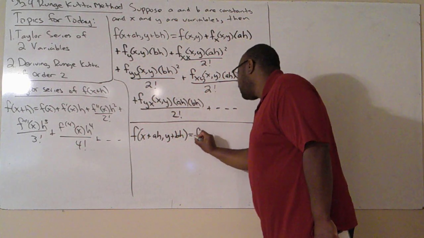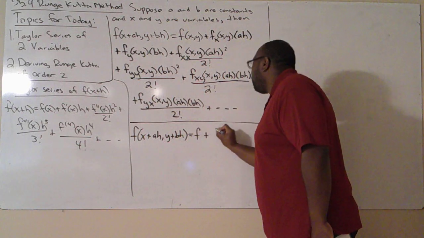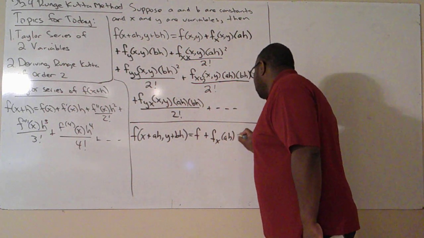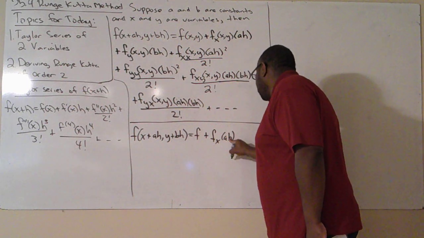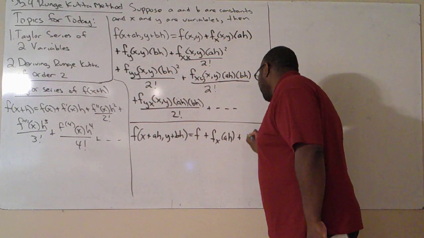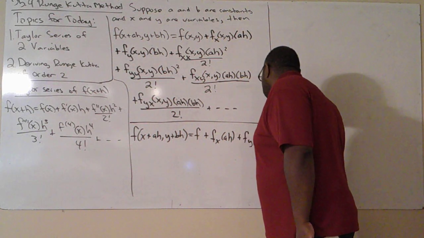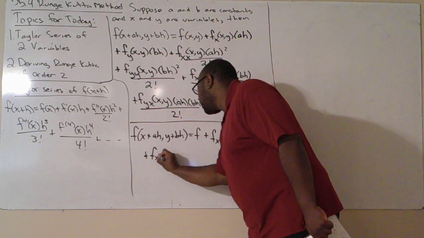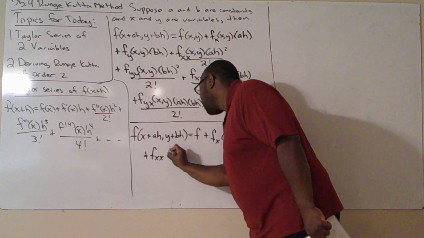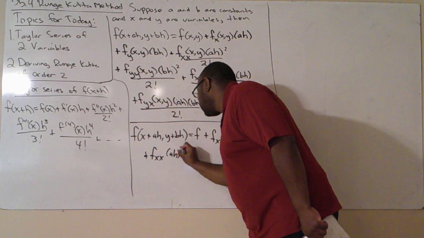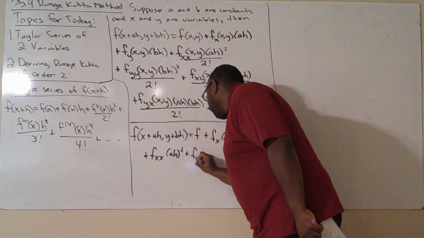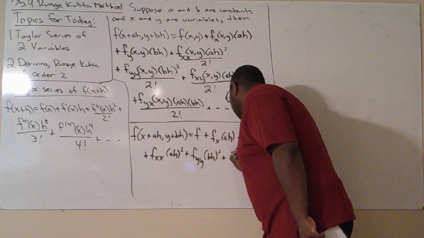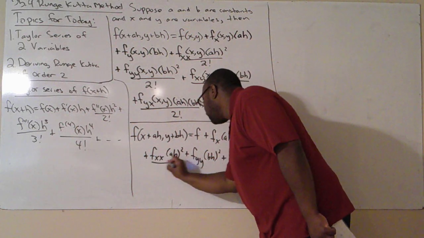I'm going to have f plus the partial derivative of f with respect to x times ah plus the partial derivative of f with respect to y times bh plus the partial derivative of f with respect to x and x times ah squared plus f y y times bh squared, plus, oh, divided by 2 factorial. Thank you, guys.